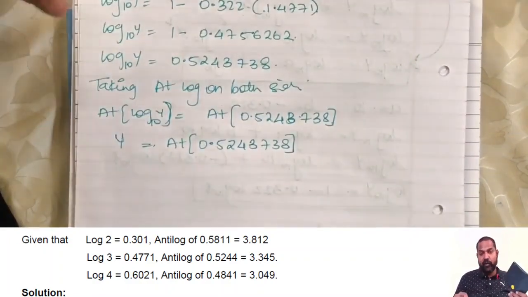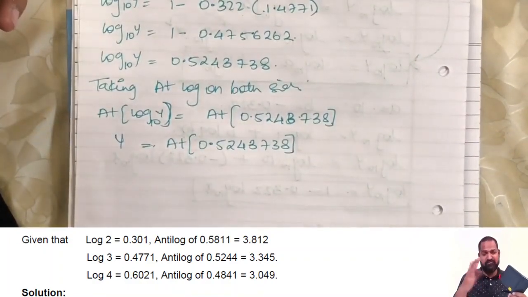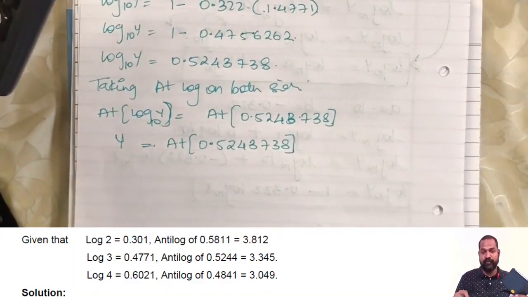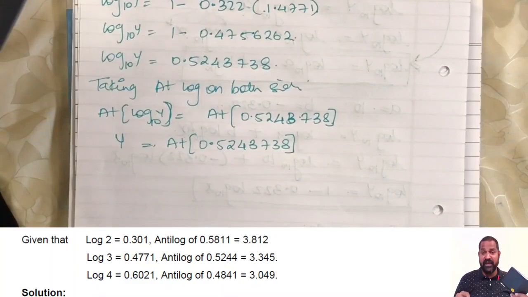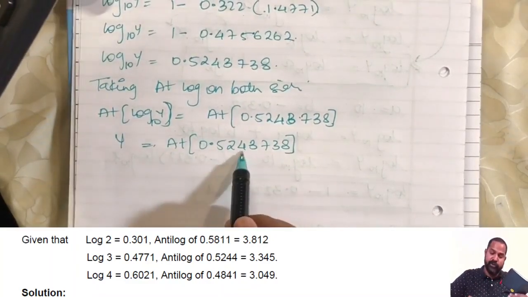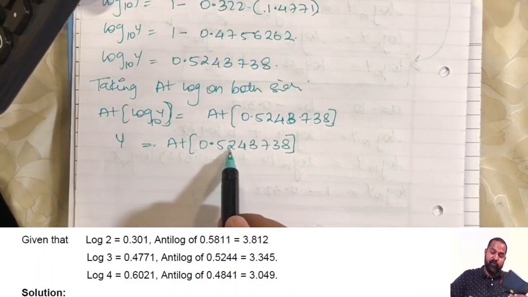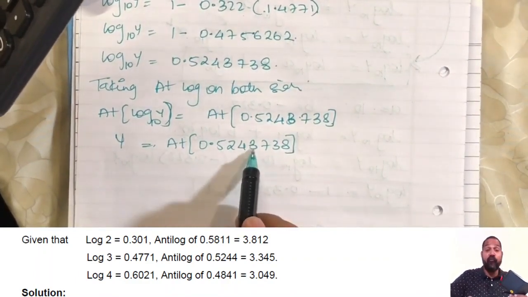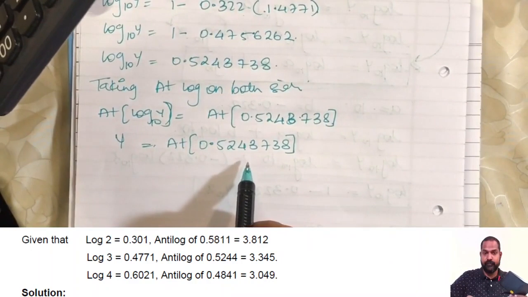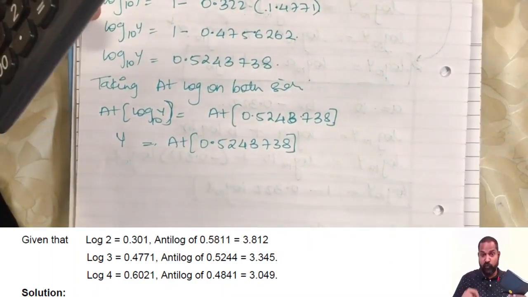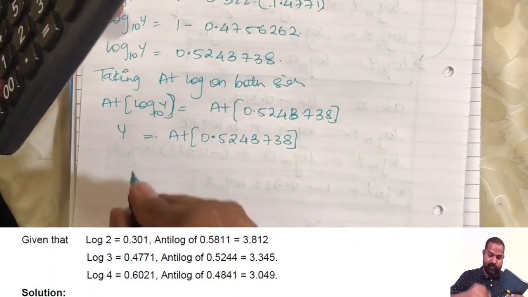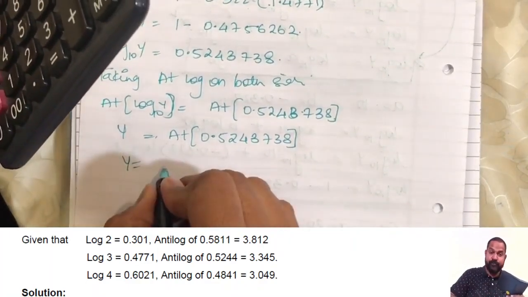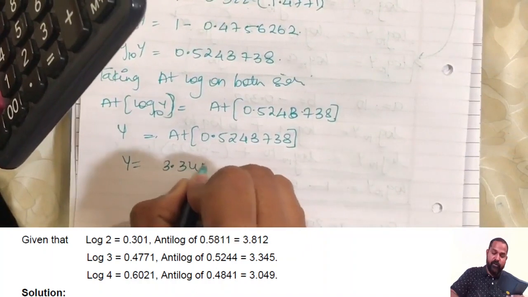How do you find anti-log? Go to your log table, not required. They've given you anti-log. What is the anti-log of 0.5243? Oh, they haven't given 0.5243. They've approximated it to 4 digits and made this 0.5244. An anti-log of 0.5244 is 3.345. So y is equal to 3.345.